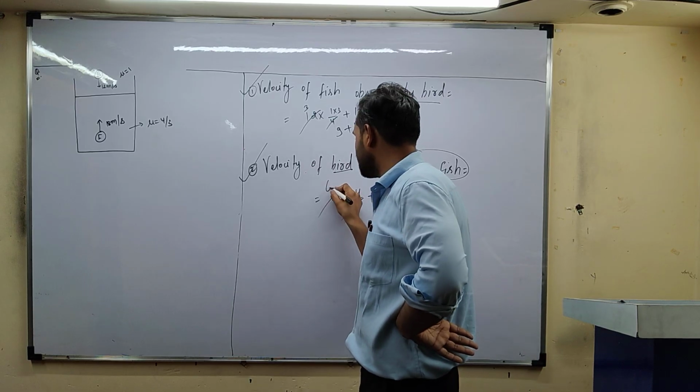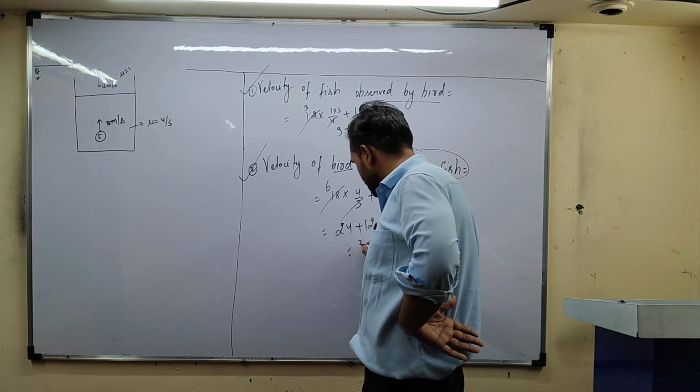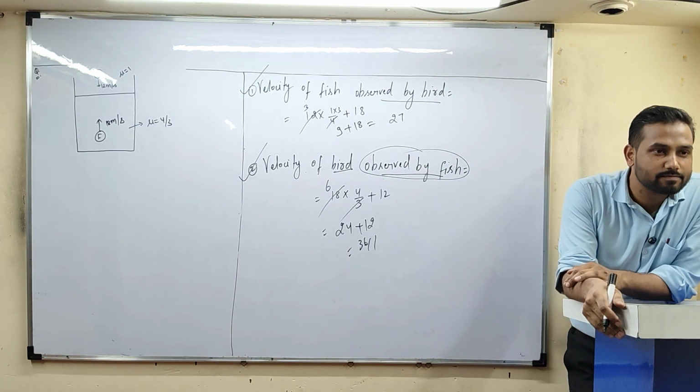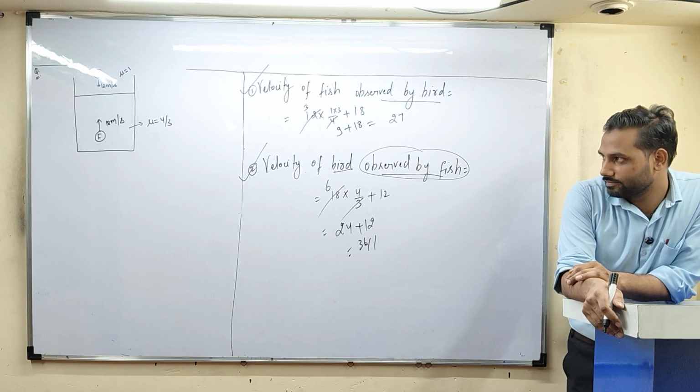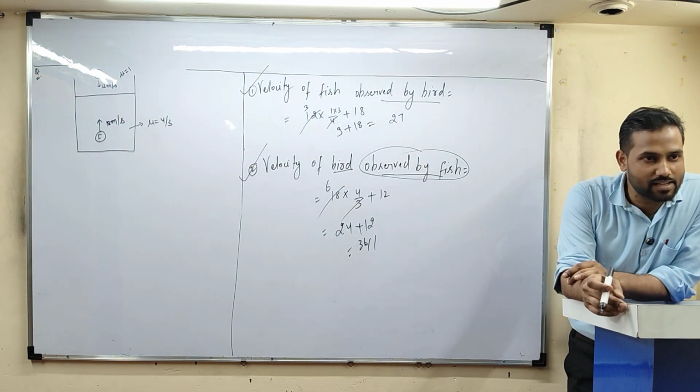Very good. 3 6 are, that means 24 plus 12, that equals 36. And that's the final answer.